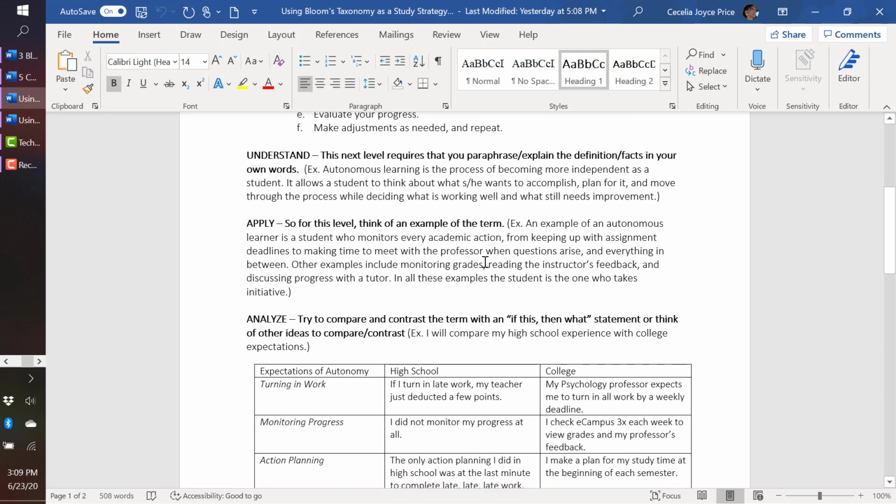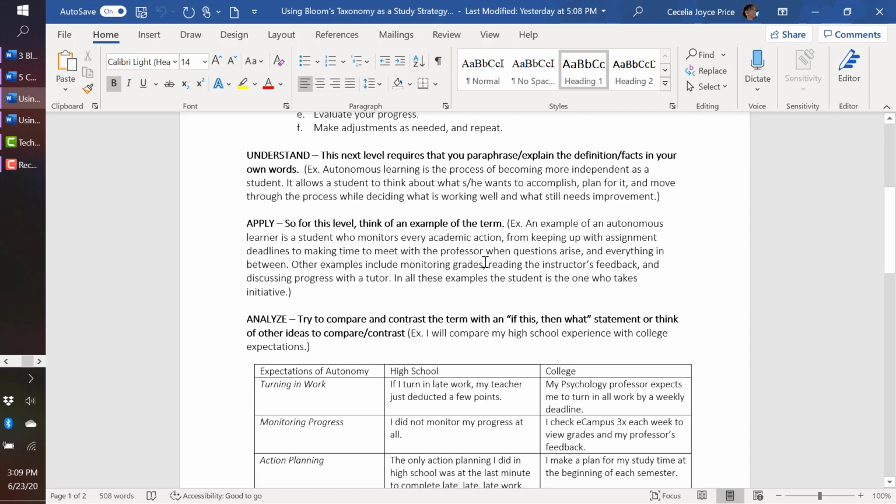Okay, we're moving on higher. We're now at the apply level. What kind of thinking is this? What would I do as it relates to the concept of autonomous learning? You could give examples of yourself, and that's what this person did. So for this level, think of an example of a term. In other words, we're going to take this concept of autonomous learning and use it to perform a task.